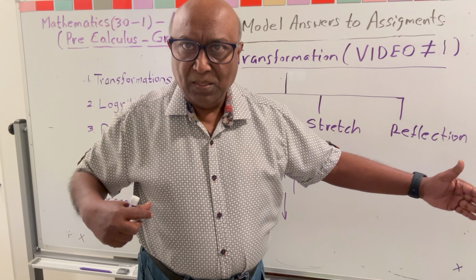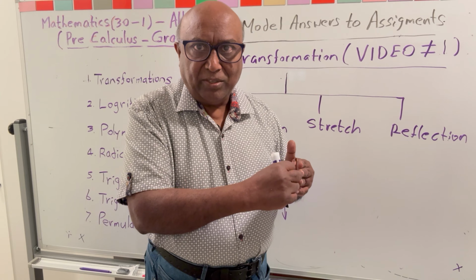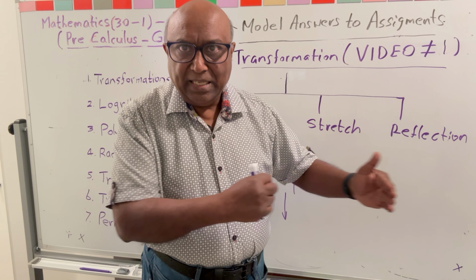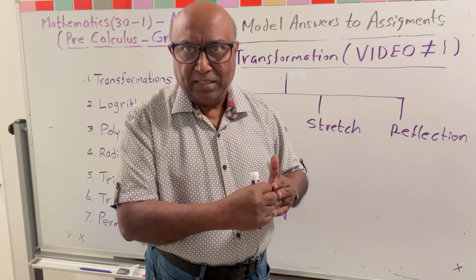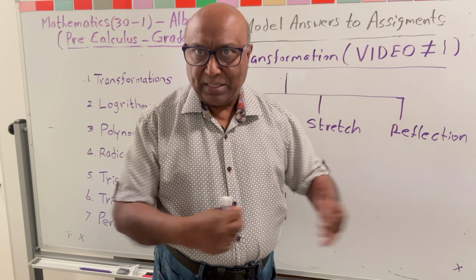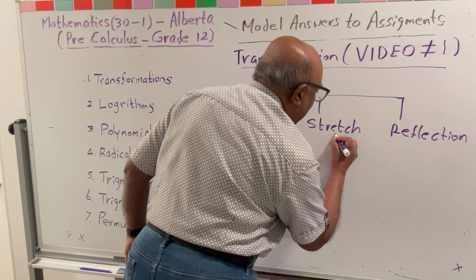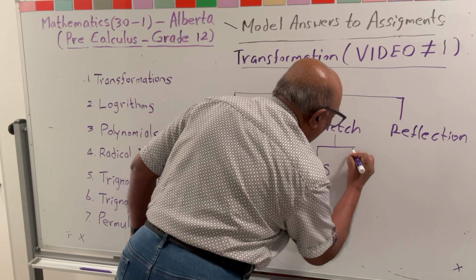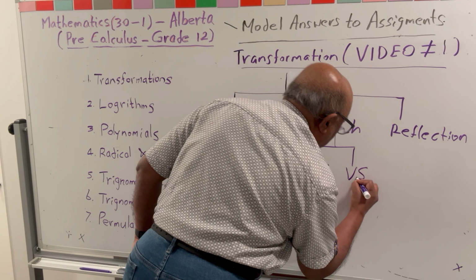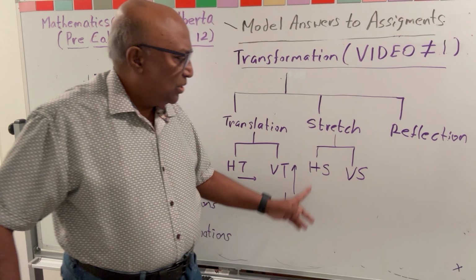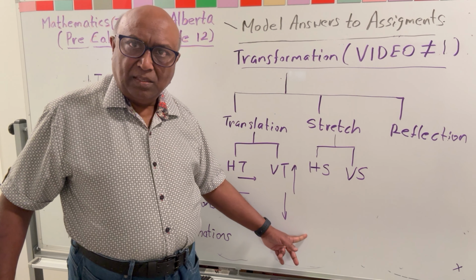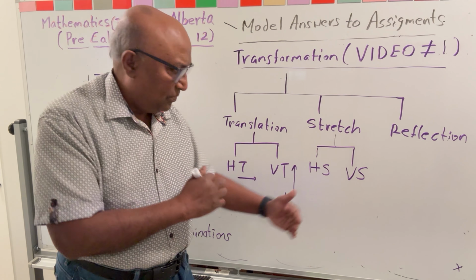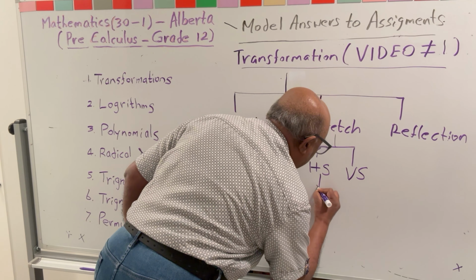Stretch. Stretch means that there is a change in shape. Stretch may be an extension or contraction, expansion or compression. That can be horizontal stretch or vertical stretch. Horizontal stretch means stretching the diagram about the y-axis.